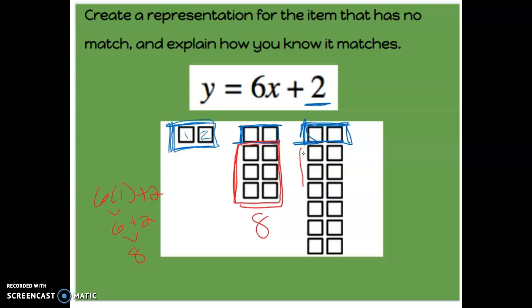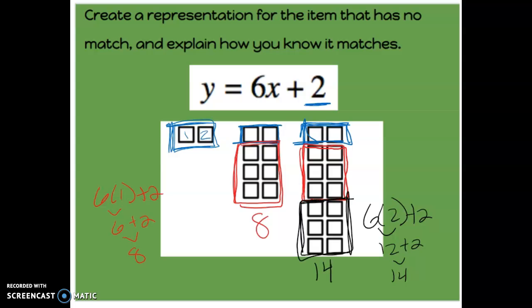If I keep my original amount here of 6 plus 2, which would be 8, and I add another set of 6 onto it, so that's 2 sets of 6, I'm going to get 14 squares, which is shown right here. So as you can see, the pattern here is increasing each time by a consistent amount.